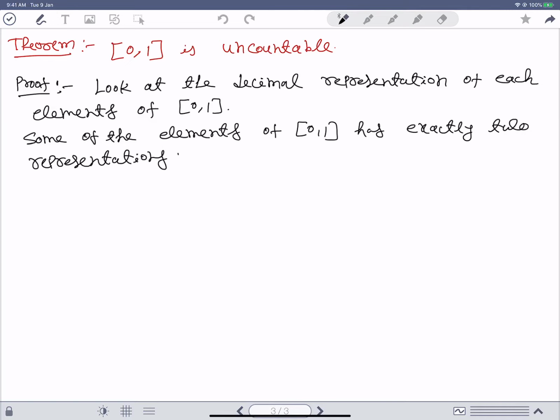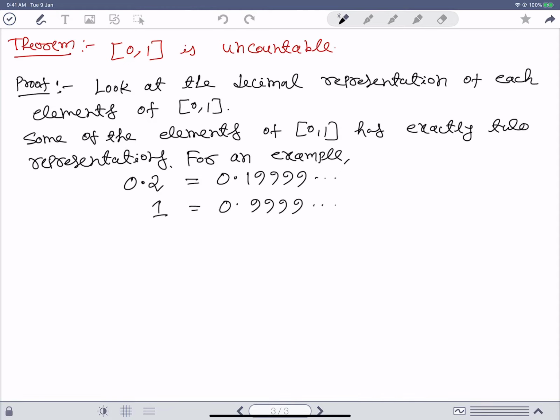For an example, we can see, say 0.2, we can write it as 0.19999, it is going on. Even if we have 1, we can have 0.9999. This one is the same as 1, right? So if we have 1 to say 7, it will have 0.1269999 in this way.